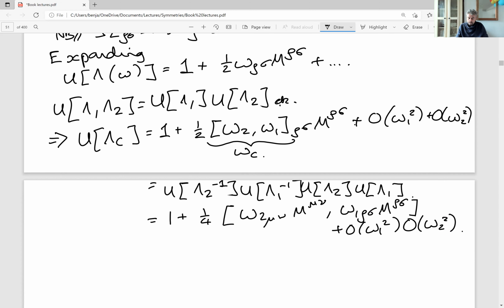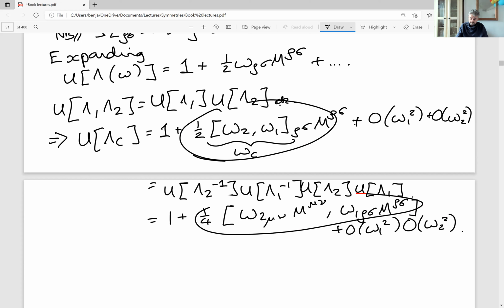So what we do is we now equate this term and this term. So equating the circled terms, in other words, all terms proportional to components of omega 1, omega 2, we then obtain the following.